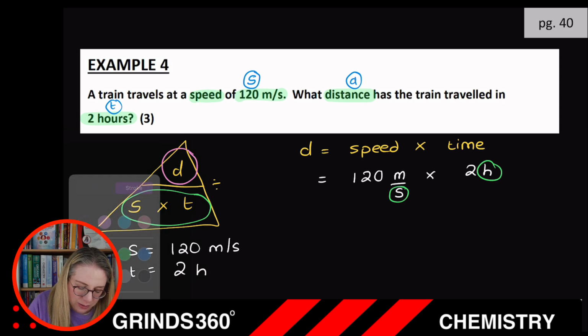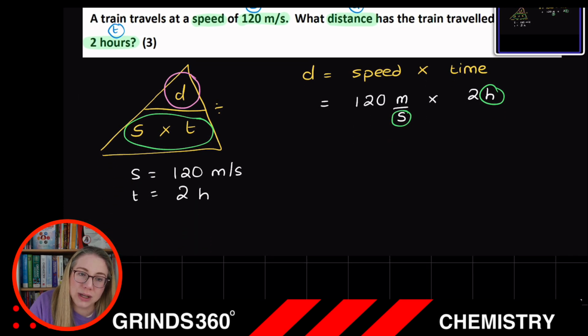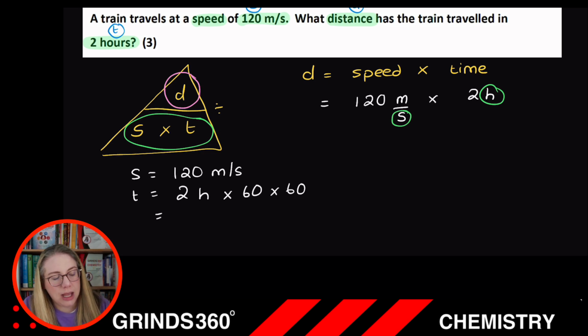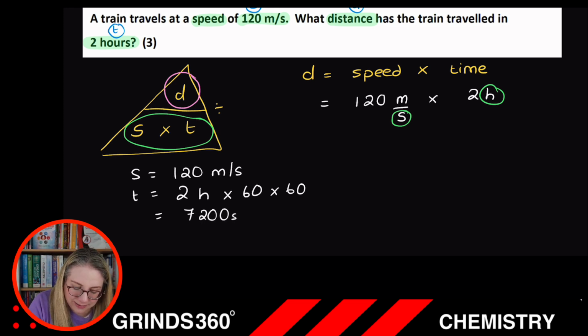So our 2 hours that we have over here for time, we need to convert that into seconds. So we multiply, we have 60 seconds in a minute and 60 minutes in an hour. So we multiply 2 hours by 60 and then you multiply it by 60 again. So that gives me 7,200 seconds.